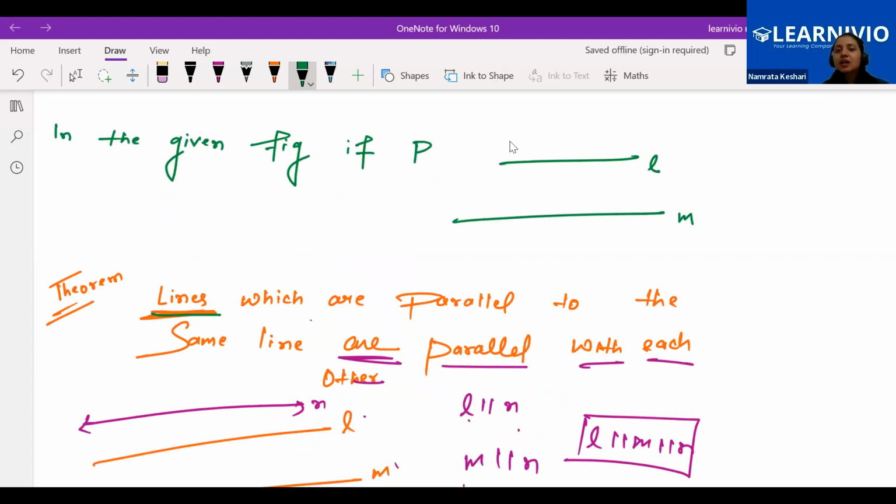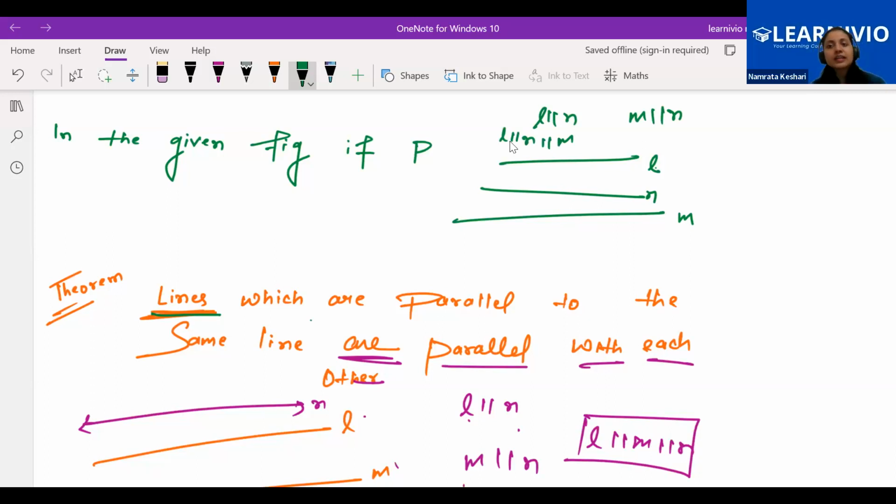If L and M are there, and both are parallel to a line N, then L is parallel to N and M is parallel to N. Don't worry about the figure, even if it doesn't look like that. Then L and M will be parallel with each other, or you can say all will be parallel with each other. That's what the theorem says, Farhan.